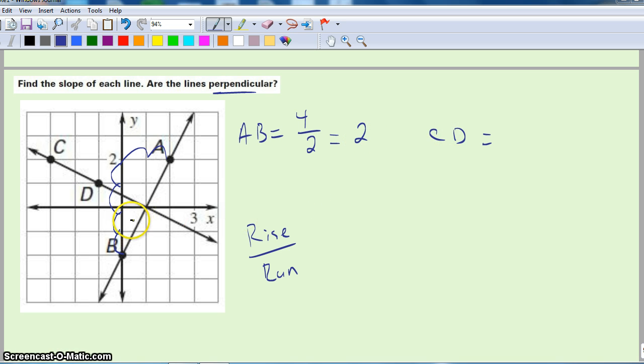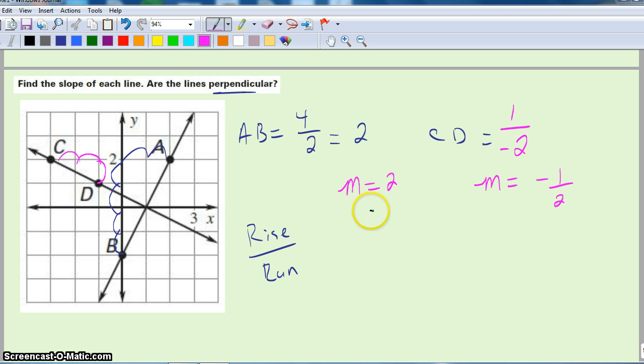Now C and D. Here's C to D. Which one is the lowest point? Not C, it's D. So we're going to rise with this point. Rise 1. And we're going to run 1, 2. But since I went to the left here, that's a negative. So I have one slope of 2 and this slope of a negative 1/2.